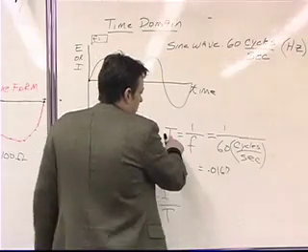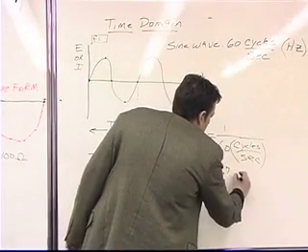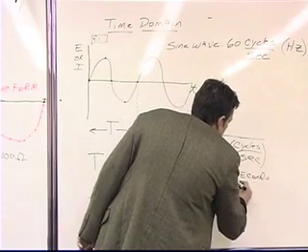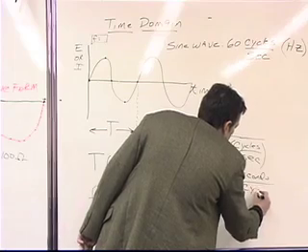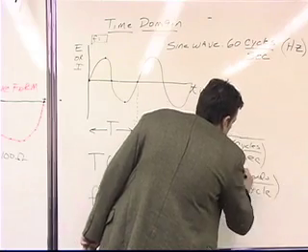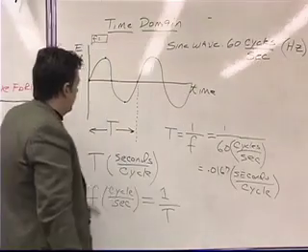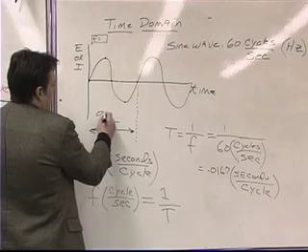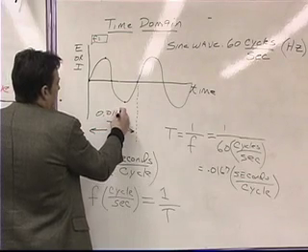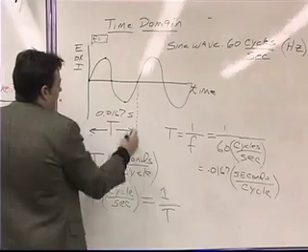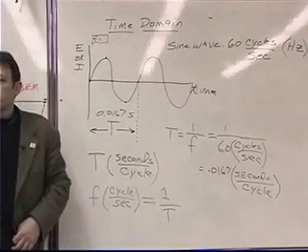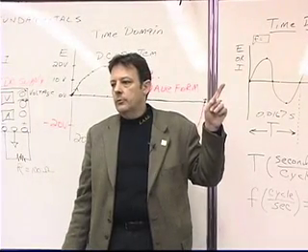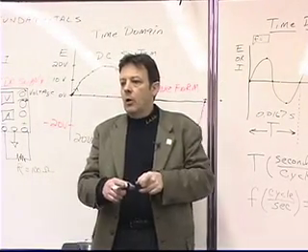Because period is equal to seconds per cycle. So this time right here would be 0.0167 seconds for a signal that you would go and measure at your house in a receptacle in the wall.